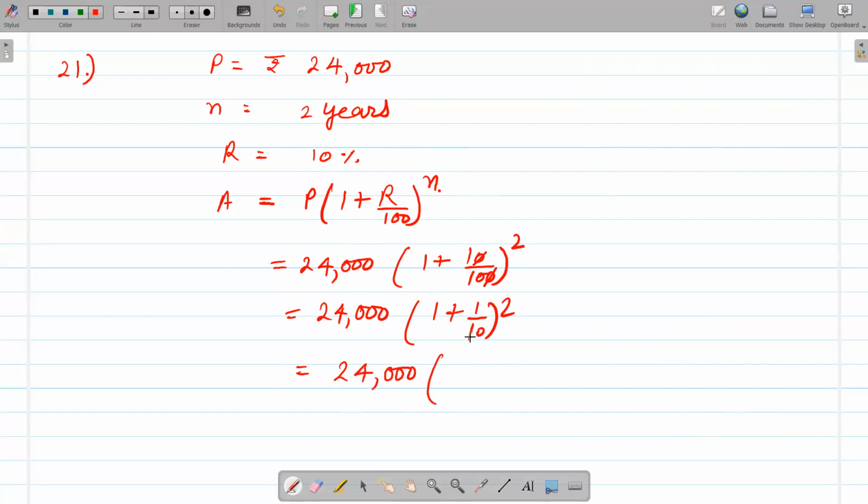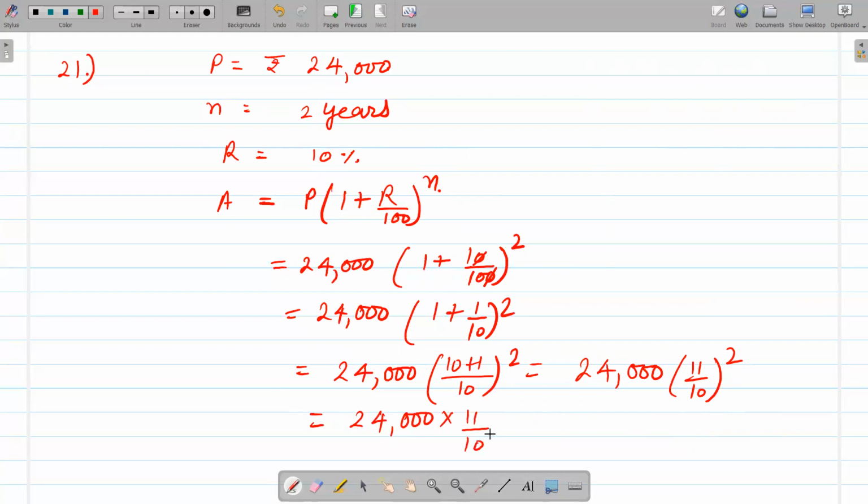24,000 into, yes, the LCM will be 10, it will be (10 + 1) raised to power 2, so you are left with 24,000 into 11/10 raised to power 2. After simplifying it a little, it becomes 11/10 and 11/10. 0 will be cancelled out here.